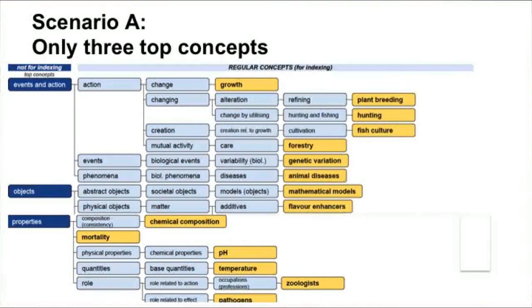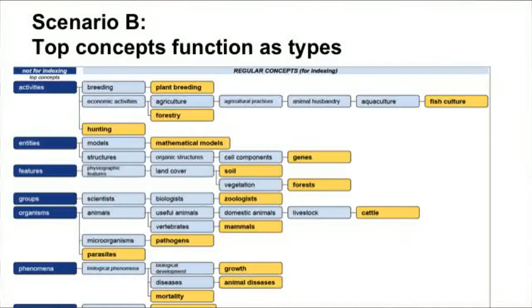Next, scenario B, using top concepts that function as types. This scenario is based on Agrovoc, which has top concepts like activities, entities, and features, and so it provides a sort of typing mechanism to go down through the hierarchy.